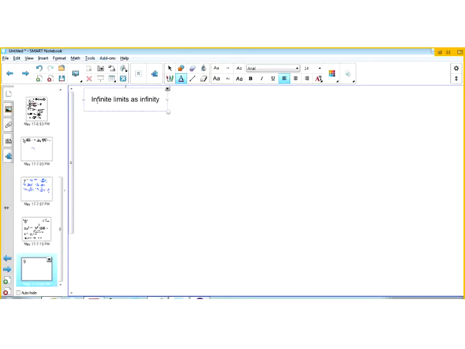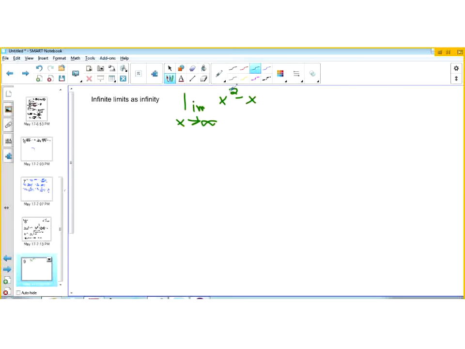All right, so how about an example? We can do this best by example. Say the limit as x approaches infinity of x squared minus x. Well, again, as per the previous example, you can't use direct substitution here because you'll be subtracting 2 infinities, and we said that the subtraction of 2 infinities is indeterminate.